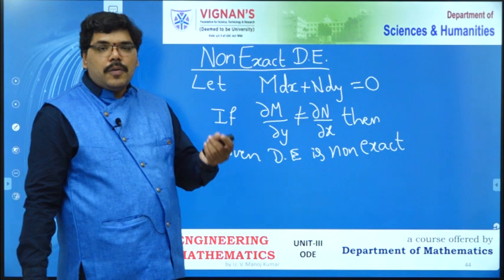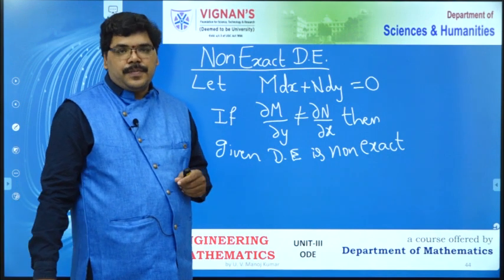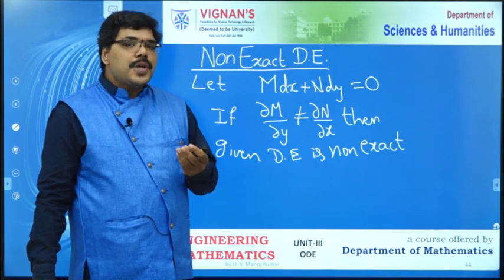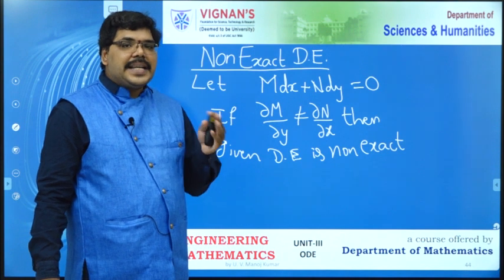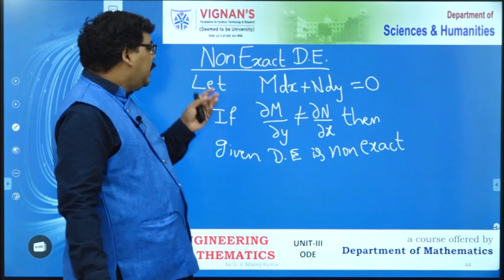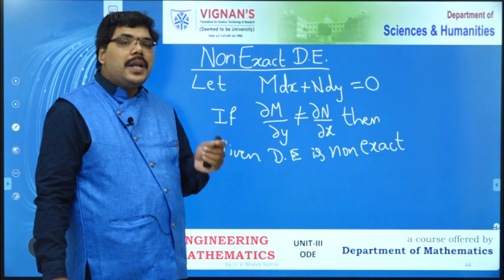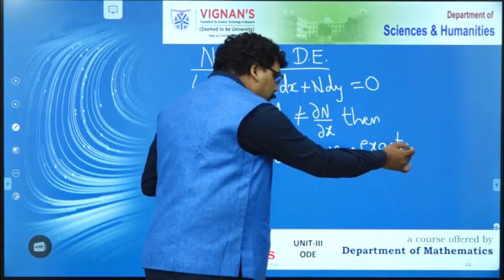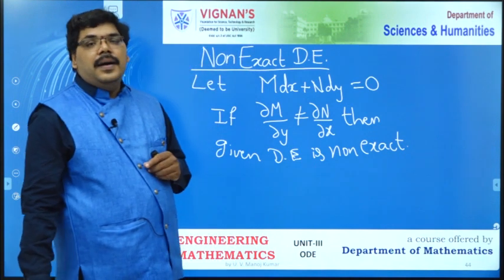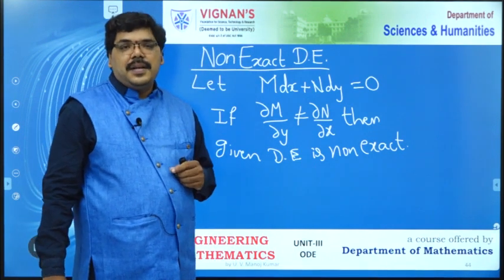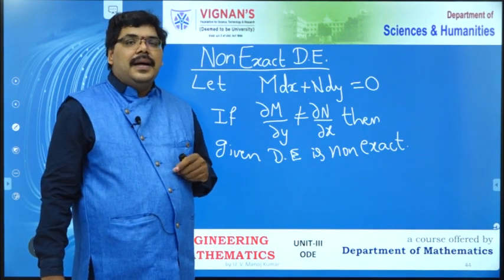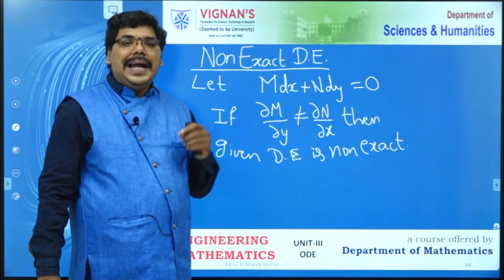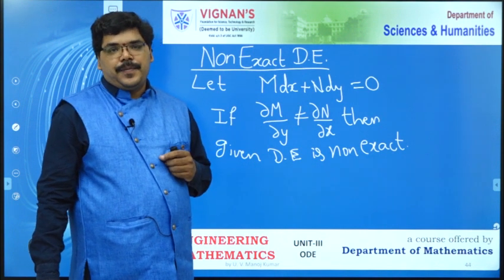So how do we solve non-exact differential equations? We already saw how to solve differential equations which are in exact form. If the given differential equation is non-exact, how do we solve it? In such cases, we find a function called an integrating factor.